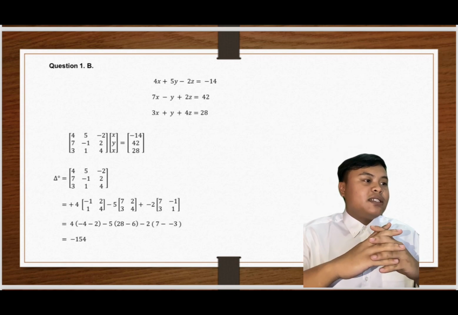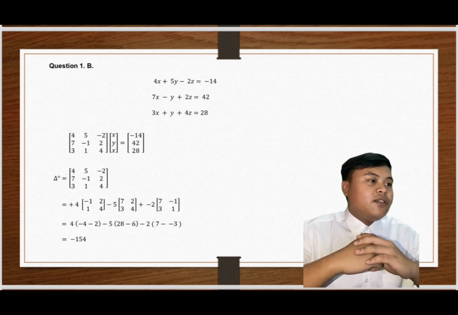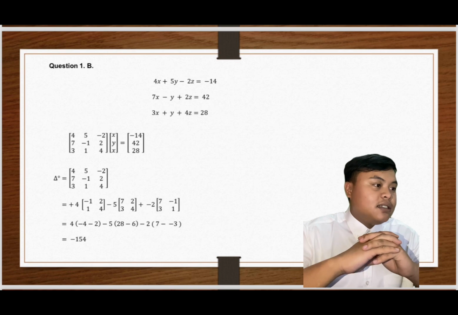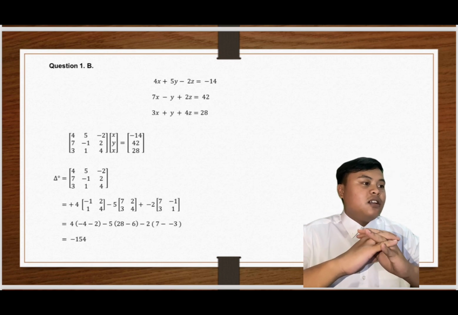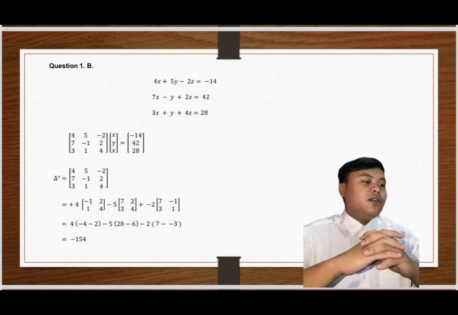The next column is x, y, z equal negative 14, 42, 28. And the delta matrix is: first column 4, 7, 3, second column 5, negative 1, 1, and the third column is negative 2, 2, and 4.